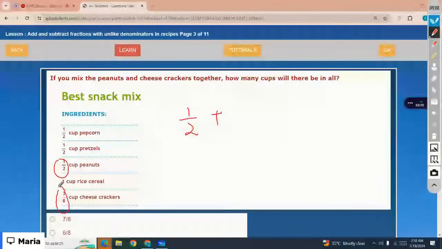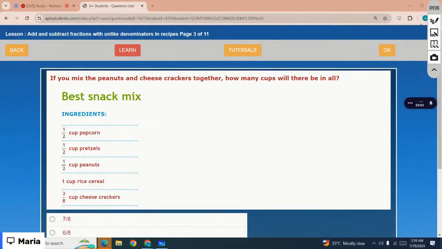So let's just add. That is 7 over 8. Option number 1 is the correct option. Very good.